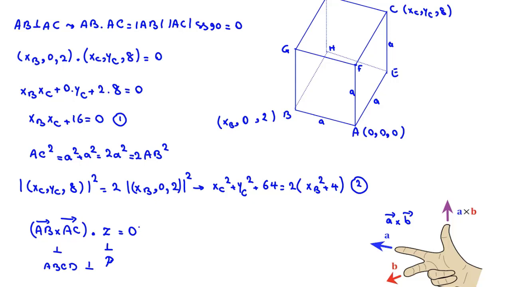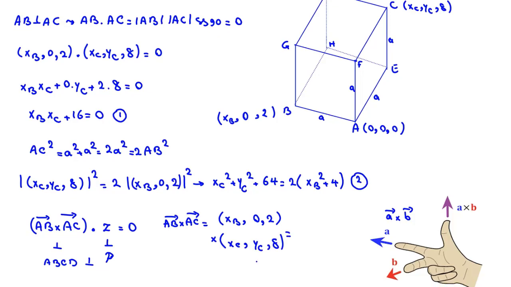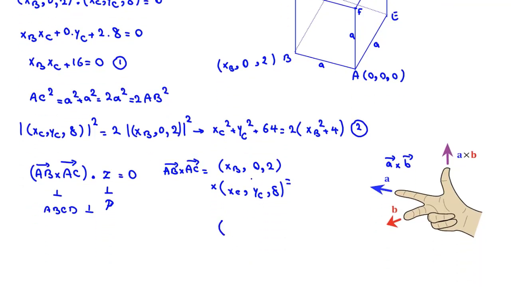Now, let me show you how you should calculate cross product. Okay. AB cross product AC. You write AB first. It is XB 0, 2. Cross product AC is XC YC 8. So it is equal to first coordinate, x coordinate.